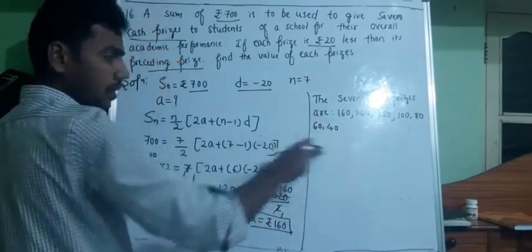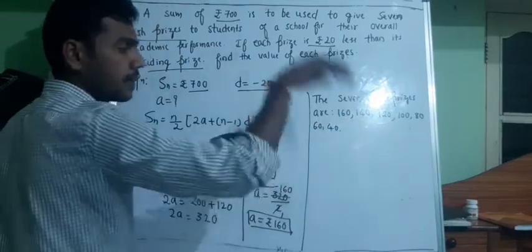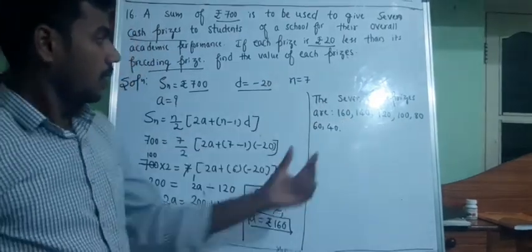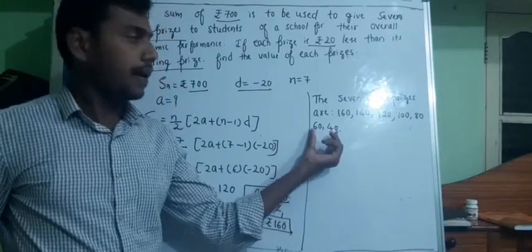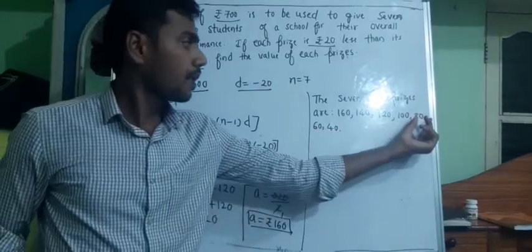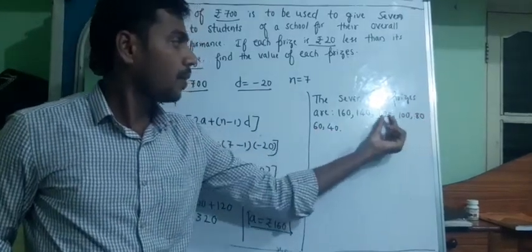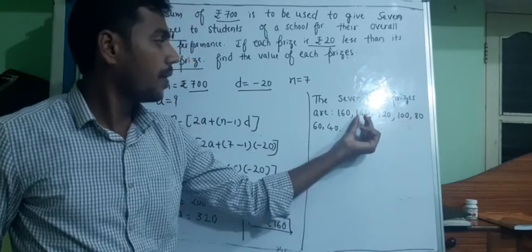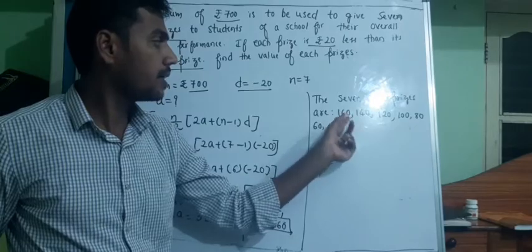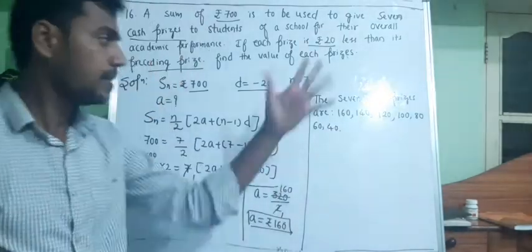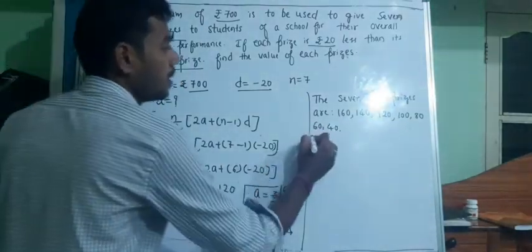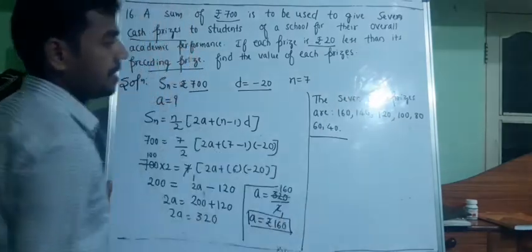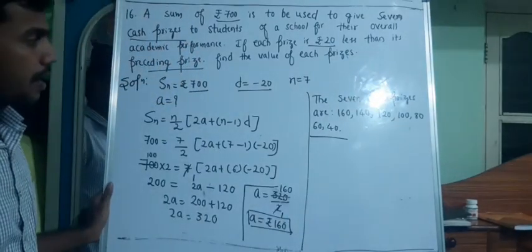If you add all these prizes, you'll get again 700. See, 60 plus 40 is 100, 180, 200, 300, 400, 500, 600, 60 plus 40 is one more 100, that is 700. So the 7 cash prizes are 160, 140, 120, 100, 80, 60, 40.